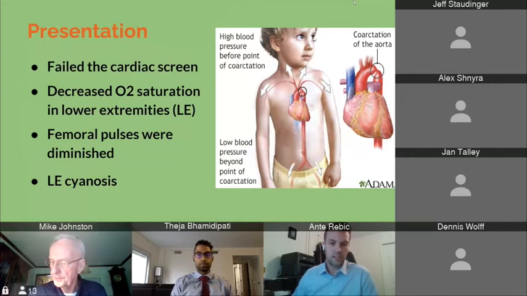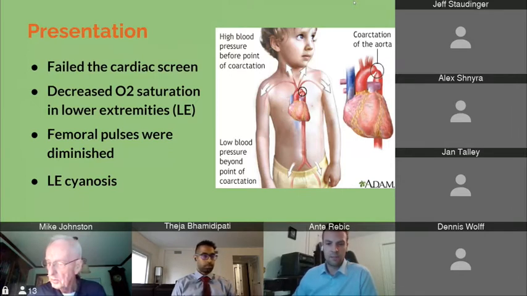And what the cardiac screen consists of is pulse oximetry measurements in upper and lower extremities to make sure that both the upper and lower parts of the body are getting adequate blood supply. So our patient failed the cardiac screen, which prompted further investigation. Additionally, his femoral pulses, so pulses in his legs, were diminished, and lower extremity cyanosis set in.